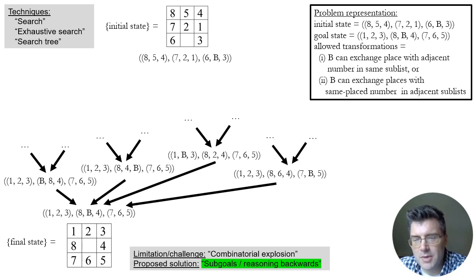Well, then in that case, it might be better to start by reasoning backwards from the goal state. If there are only 3 ways of getting to that goal state, then what are the prior conditions to the goal state? Then what are 3 ways of getting to those immediately prior conditions? And then what are ways of getting to the conditions immediately prior to those? And so that can sometimes make the process much more efficient.